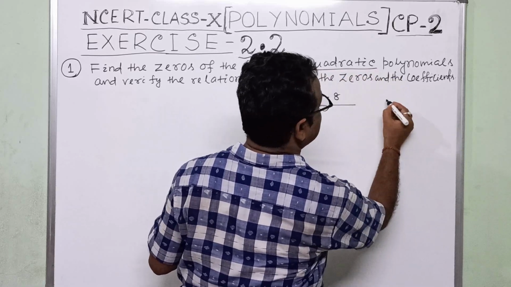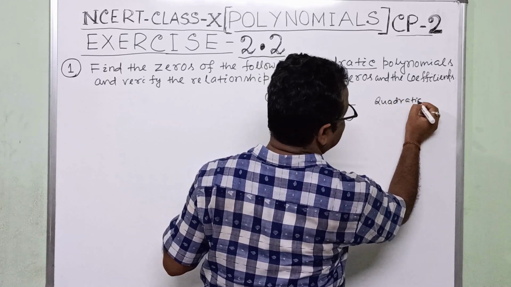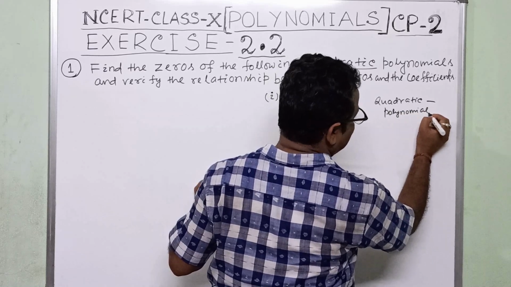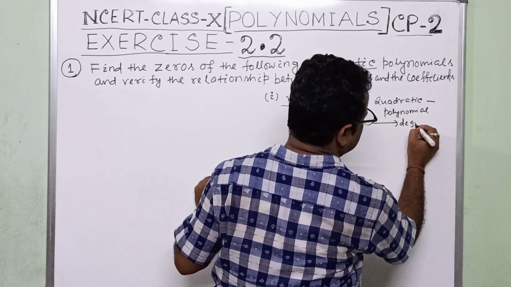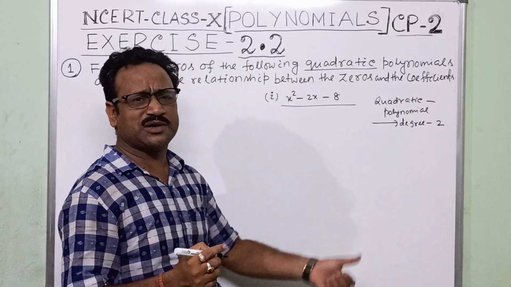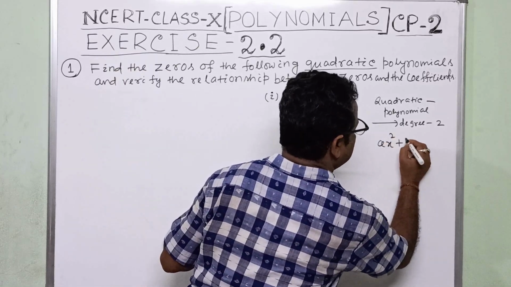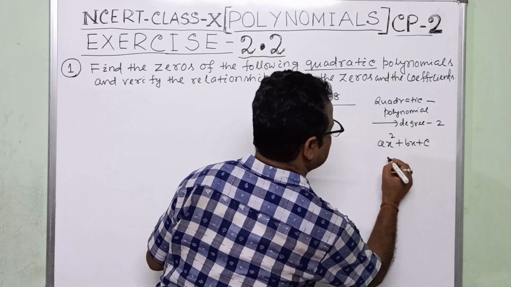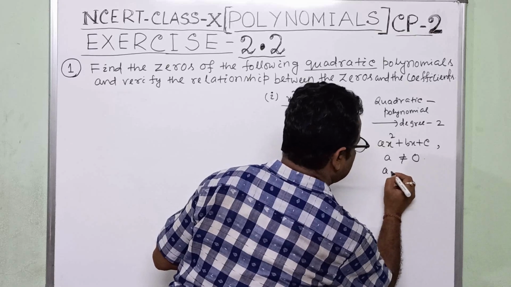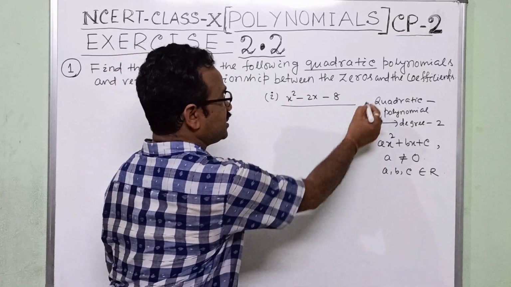Quadratic polynomial means it has degree 2 and general form ax square plus bx plus c, a not equal to 0, a, b, c belong to the set of real numbers. These things you know.